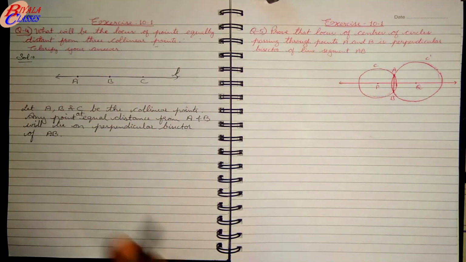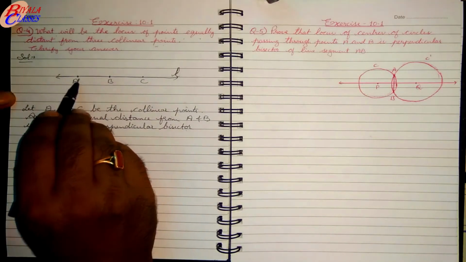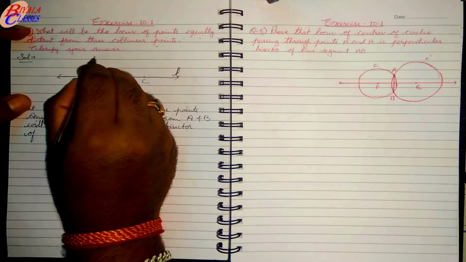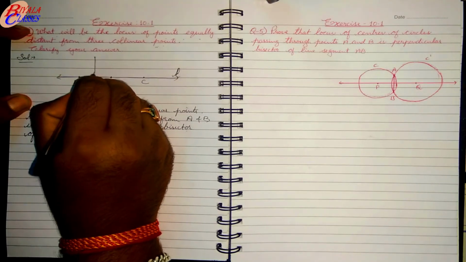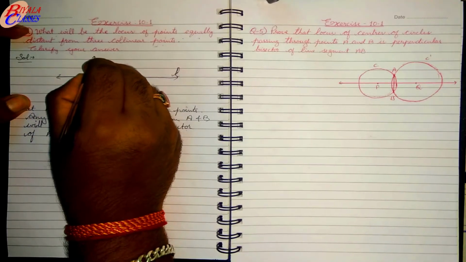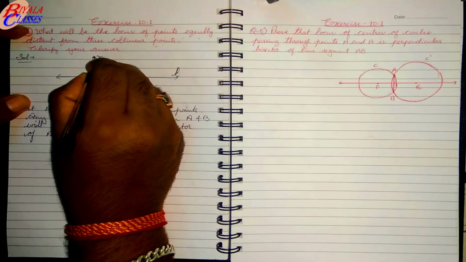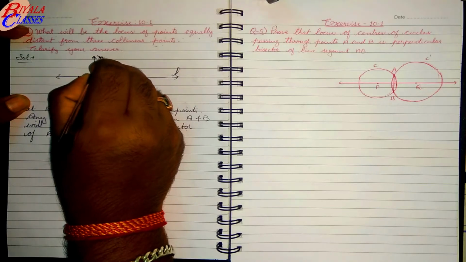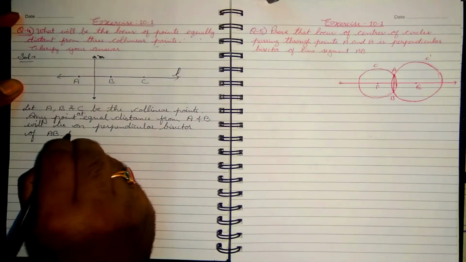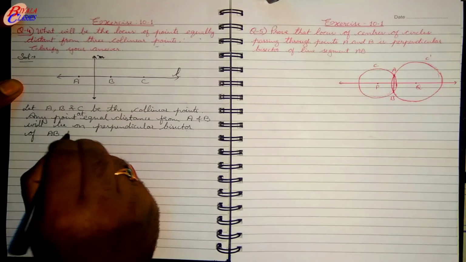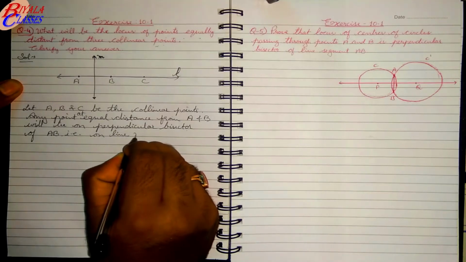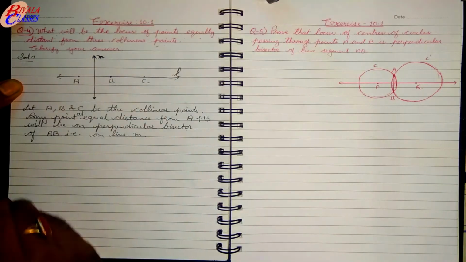If you take any point which is at equal distance from 2 points, then it will lie on the perpendicular bisector of this line segment joining the 2 points. So let's take this line, say M, as the perpendicular bisector of AB. That is, you can write here, that is on line M. This is it.